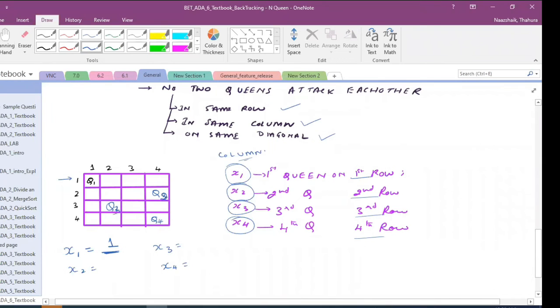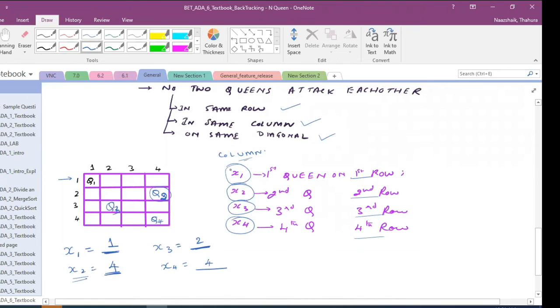So what is the value of x2? The value of x2 is 4, because I have queen 2 in the 4th position here. Now please tell me what will be the value of x3? 2, ma'am. And what is the value for x4? 4, ma'am.